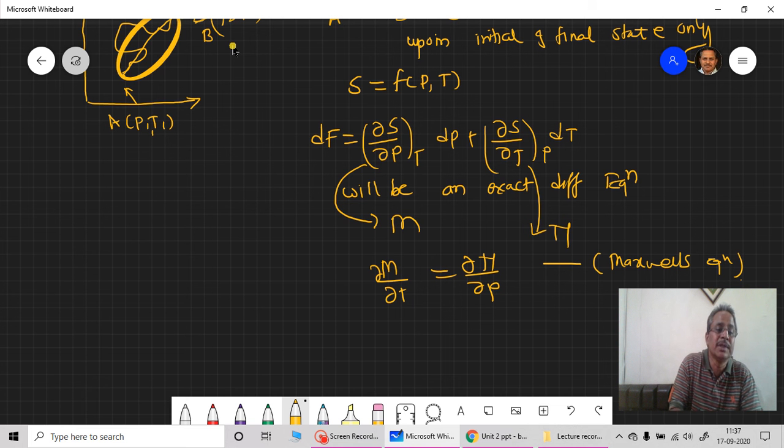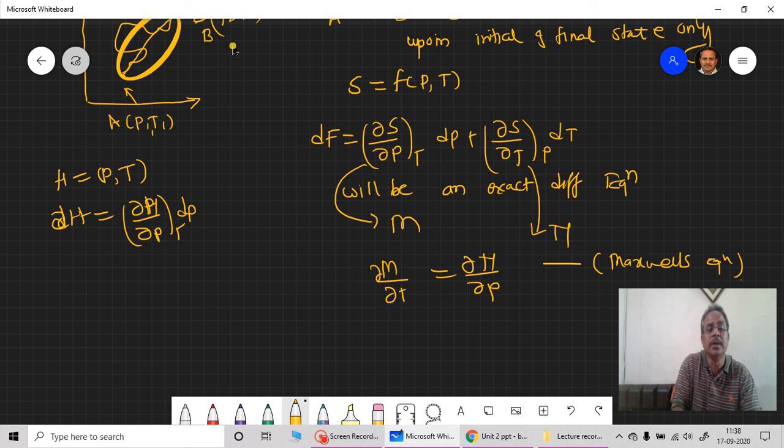Whereas there can be some other functions. Actually, I am not naming this function. Say some function H, which is again a function of pressure and temperature. If I find its total differential, dH is exactly in a similar way, delta H upon delta P at constant temperature into dP, plus delta H upon delta T at constant pressure into dT.